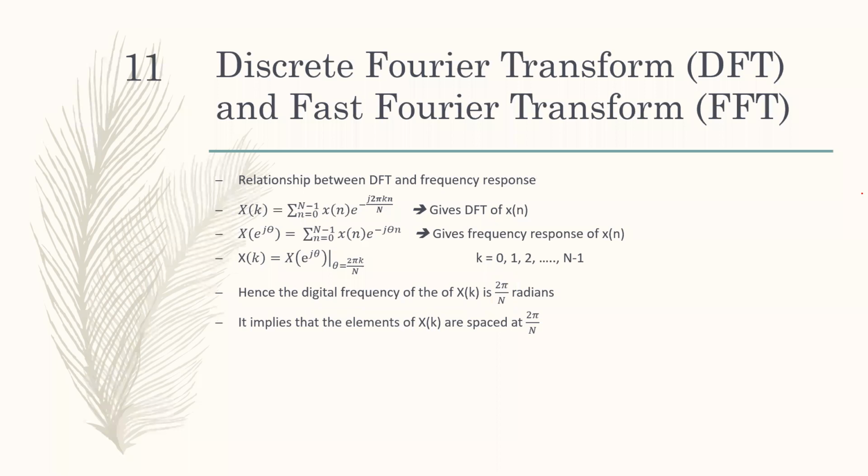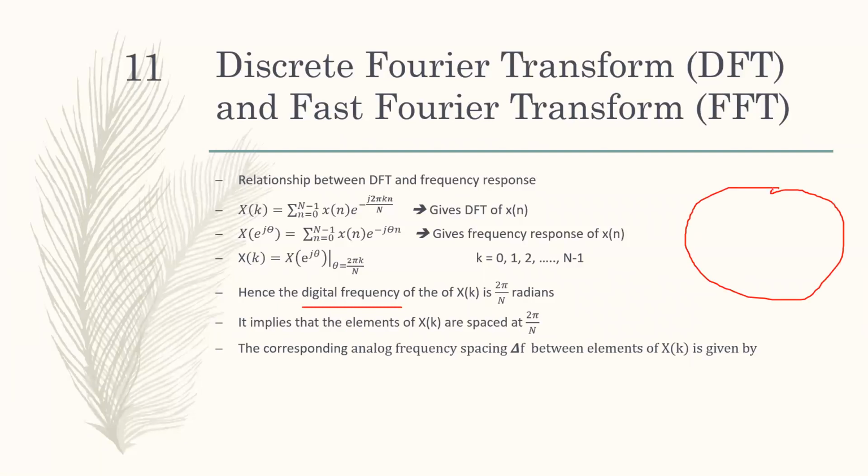So moving forward, what does the digital frequency imply? Whenever I have the sequence and start placing the elements of x of k, the 0th element will be placed here, which is 0.